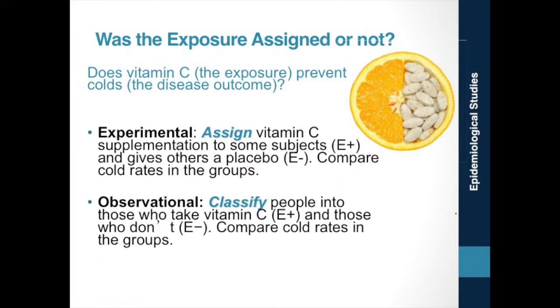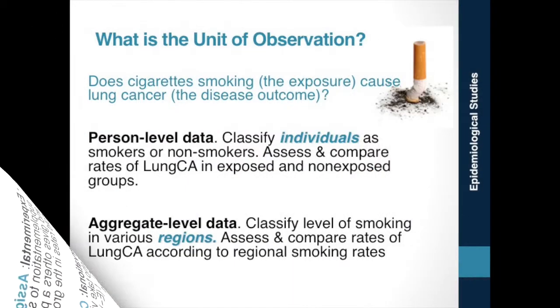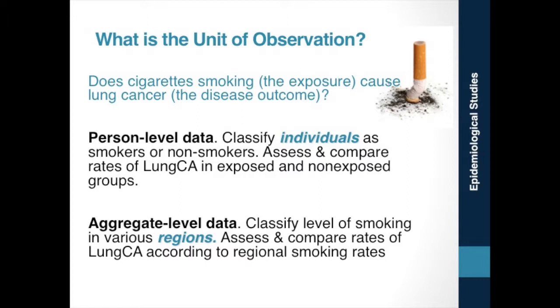Or we can just classify people into those who have taken vitamin C and those who did not. In the first case, we are conducting an experiment, and in the second case, we are only observing the effect of vitamin C.